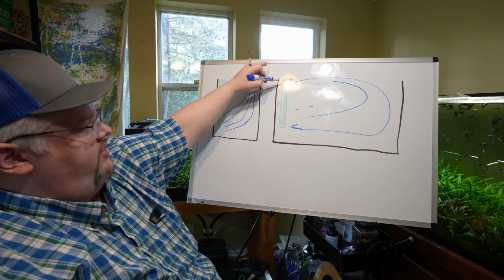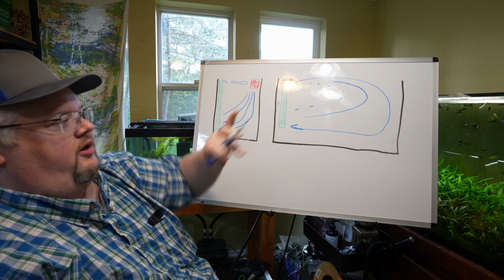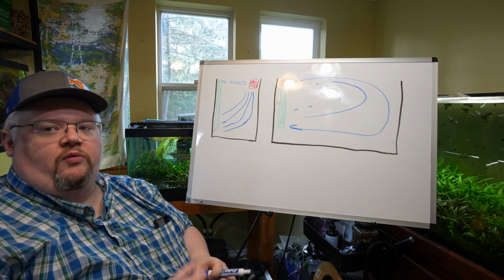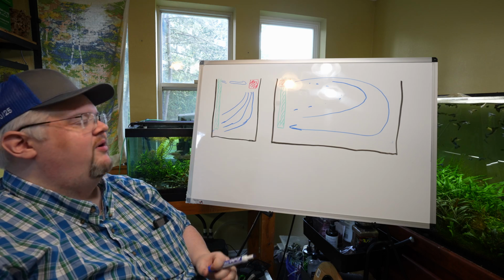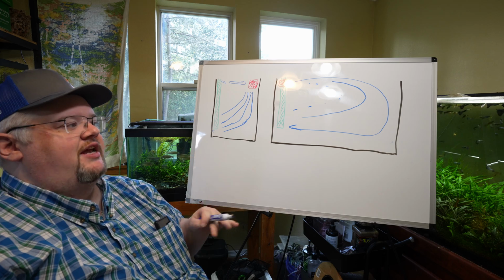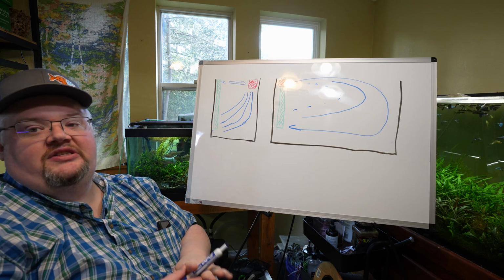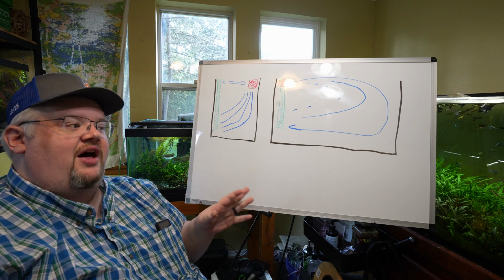So where the outlet is, lots of flow, but toward the inlet up top, a lot less movement of your water. Still quite a bit though, just because of the nature of how much force canister filters tend to move water with.